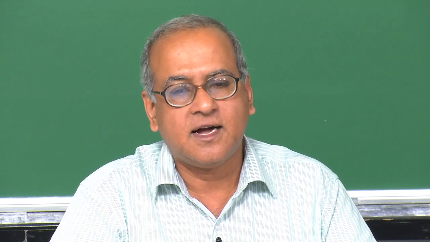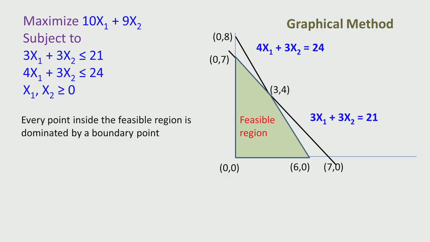Now to get the best solution, the value of x1 and x2 that has the highest value of 10x1 plus 9x2, we now do a few more things. We first start by saying this: every point inside the feasible region is dominated by a boundary point. So let me explain this.